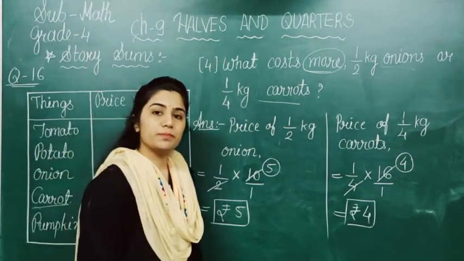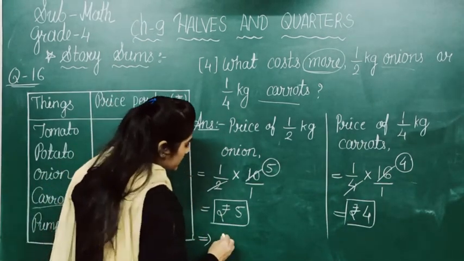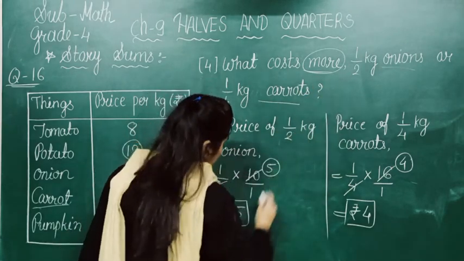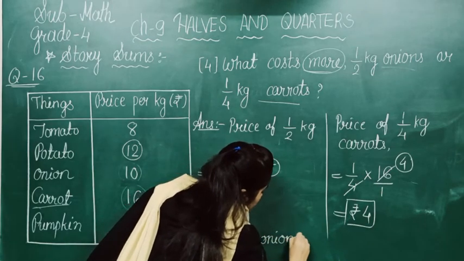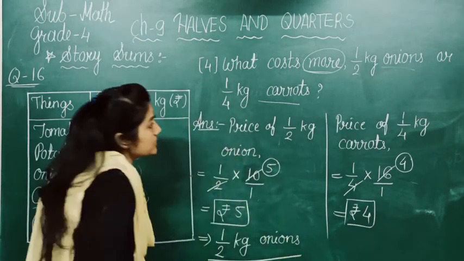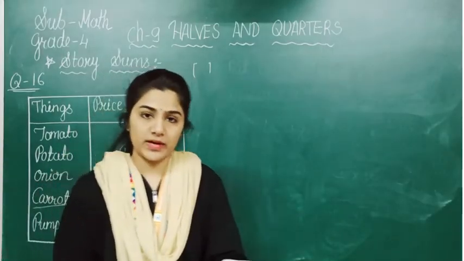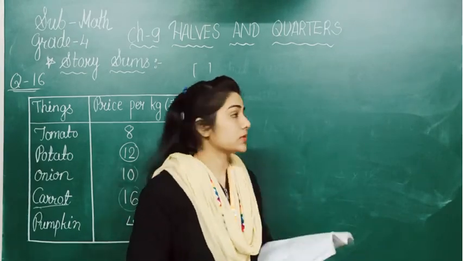Which digit is bigger? Obviously this 5, right? So we can write our answer here, 1/2 kg onion. That means 1/2 kg onion costs more.